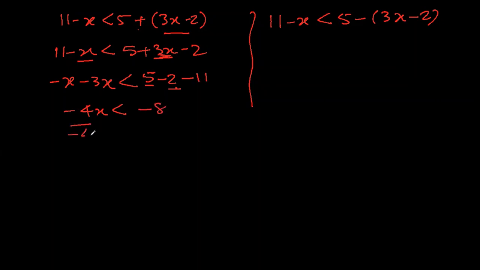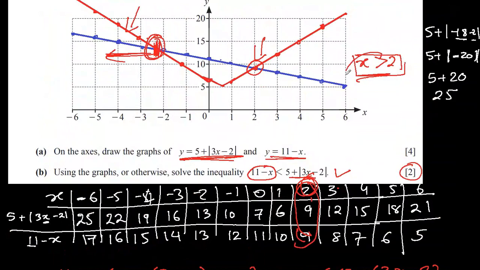Divide both sides by minus 4, and whenever we divide an inequality by a negative number, the sign changes. So minus 4 and minus 4 cancel, x is remaining, but the sign will change. Minus 8 divided by minus 4 is 2, and yes, this was the solution already known to us, this one.